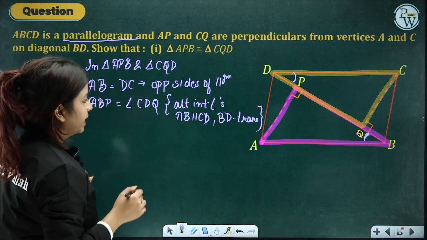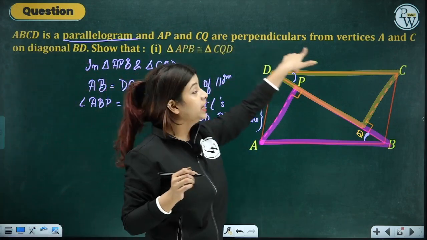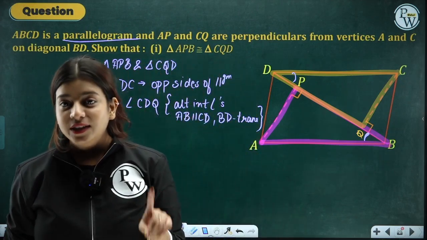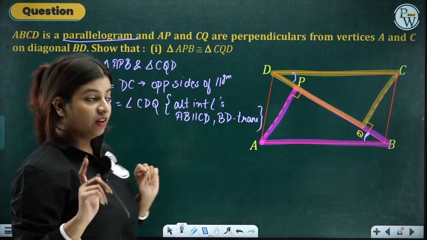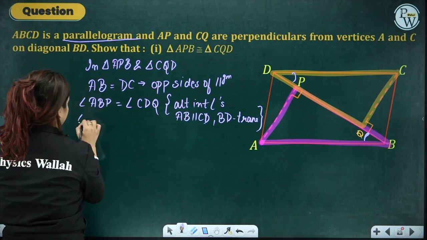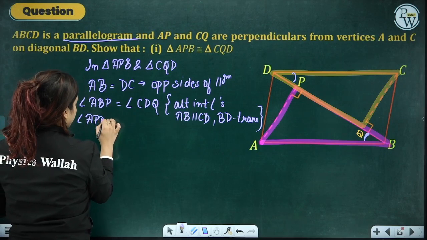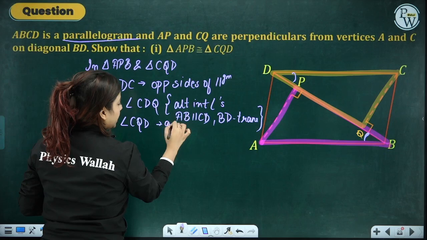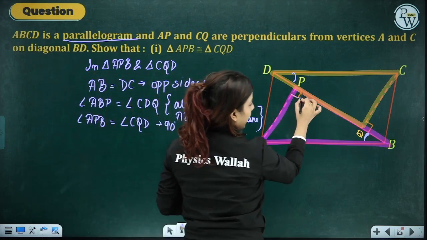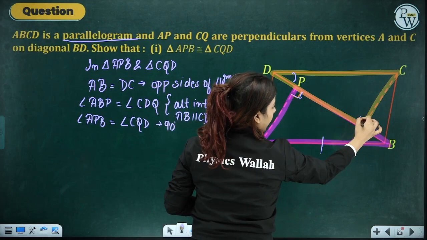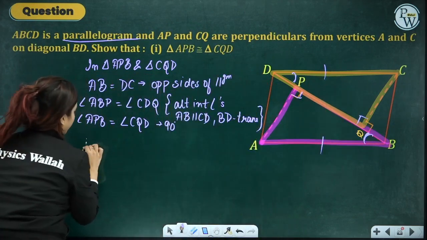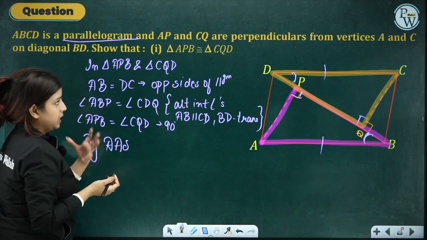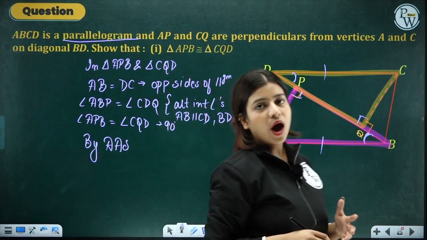So these are the things that we have taken. Now, next we can say, since we know that AP and CQ are perpendiculars, that means what? That they are forming 90 degrees, right? So we can say that angle APB is equal to angle CQD because of 90 degrees. So by angle side criteria, AAS congruency, both the triangles will be congruent.